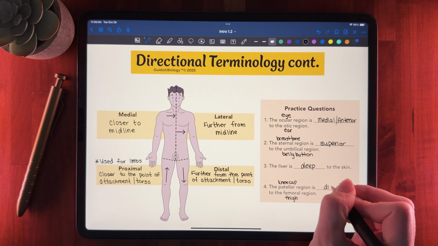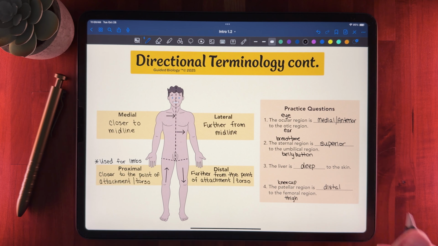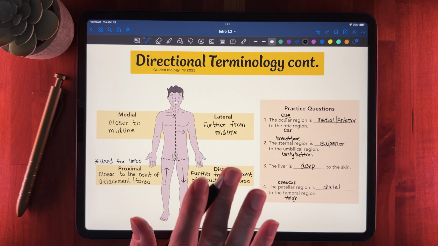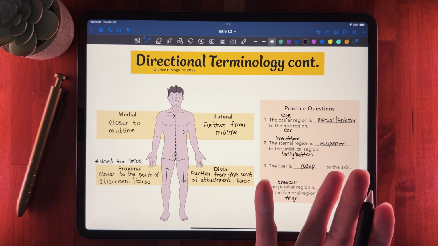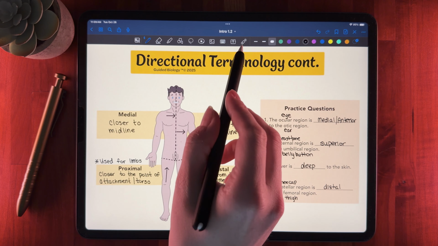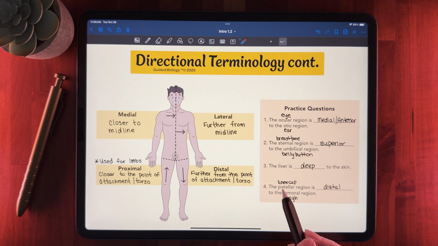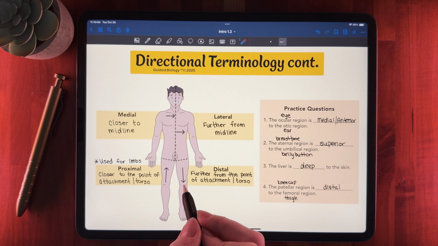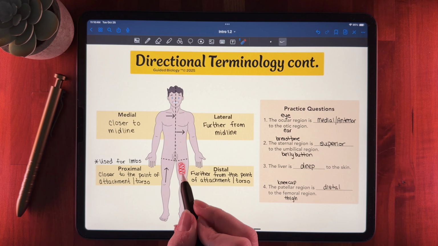So it is distal. And another thing I want to point out to you guys in this video that I see a lot on tests with my students is that you need to pay close attention to the order that these terms come in. It does matter that they say patellar first and then femoral. You're comparing where the patellar region is to the femoral region. So the patellar region is distal to the femoral region.